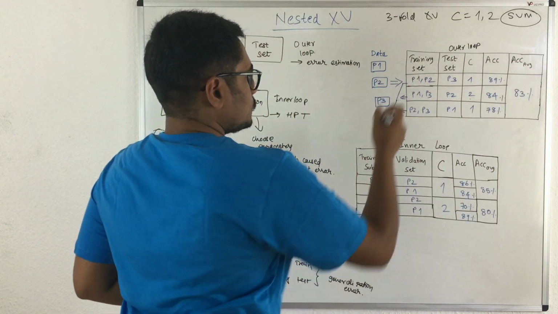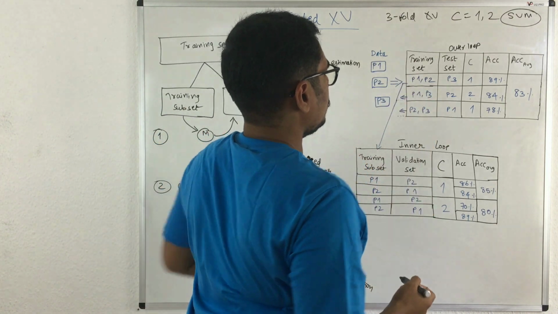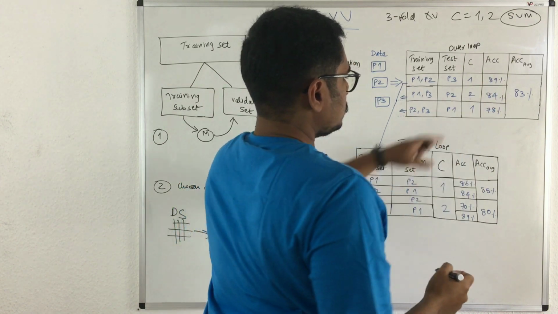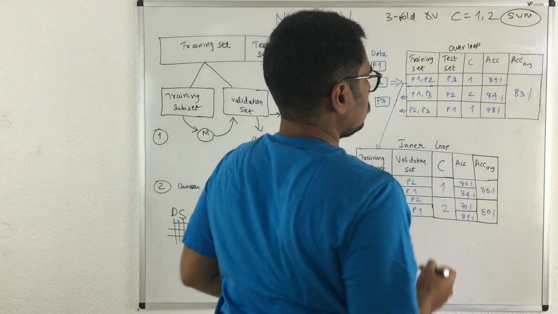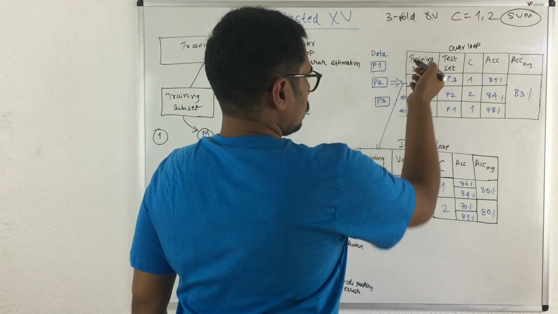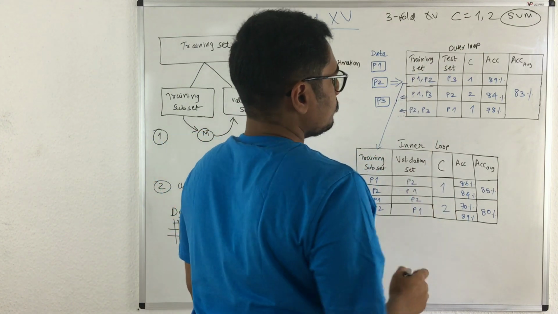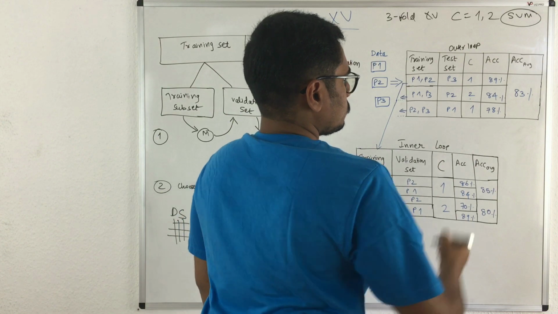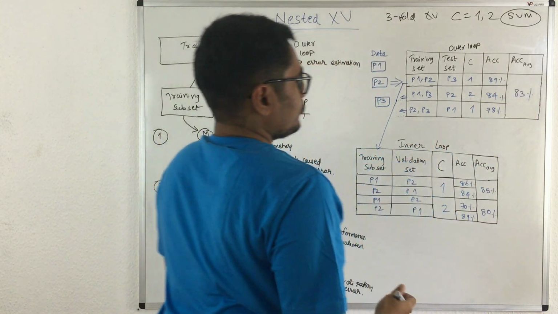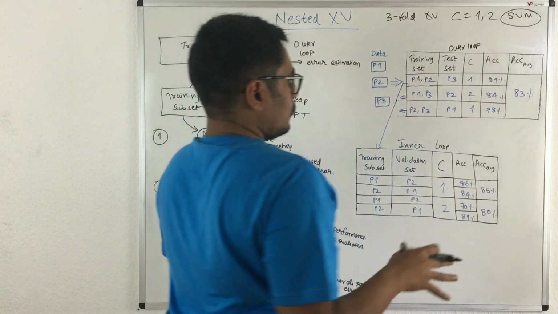In the next iteration you have P1, P3 as training and P2 as test set, and the parameter is taken as 2 and its accuracy is recorded. In the final iteration you have the P2, P3 combination for training, P1 in the test set, and C is taken as 1 and its accuracy is recorded. Now you have the average accuracy, and this becomes the outer loop.